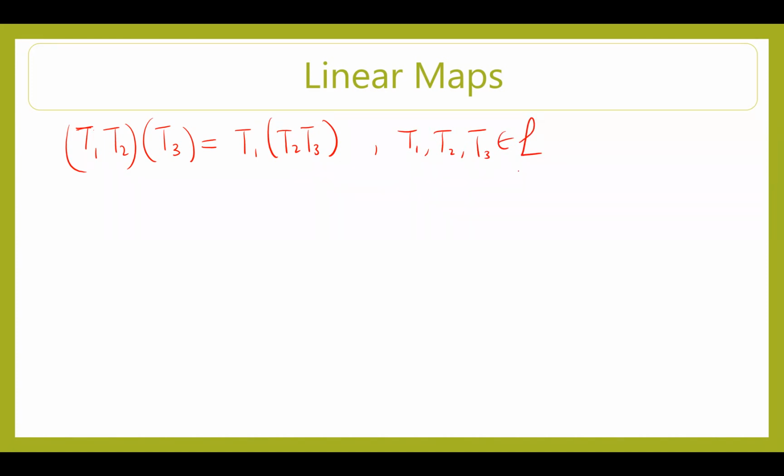Not all the time this product makes sense. You have to choose the domain and the codomain such that this product makes sense. And we have several of these types of properties.